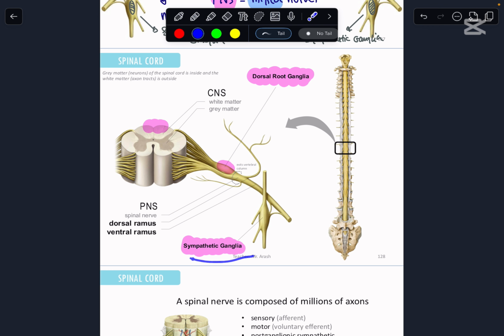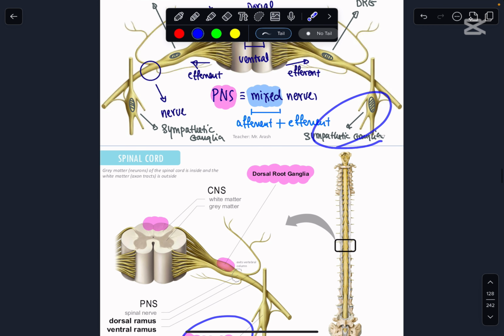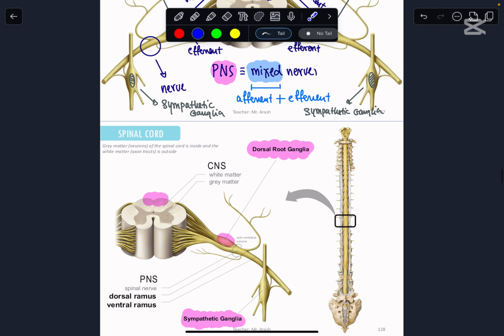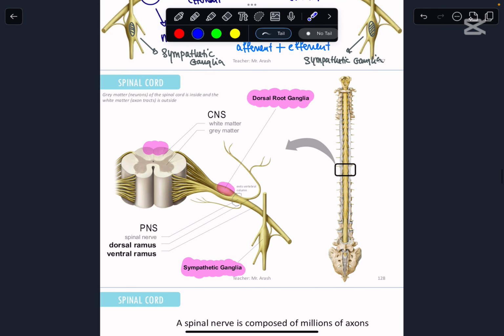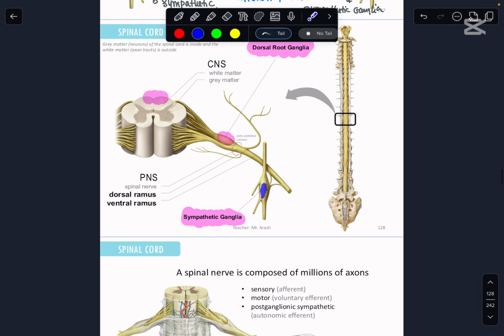If you're wondering what these are, they're the same thing I drew here and here: the collection of soma that belong to the neurons of the sympathetic nervous system. Remember, your sympathetic nervous system is a branch of your motor nervous system. So it turns out that their somas are all collected at these ganglia.